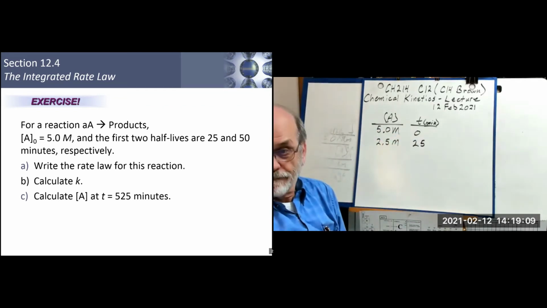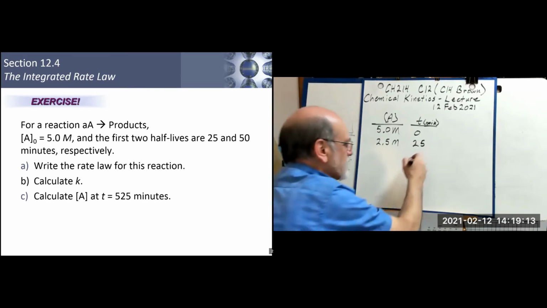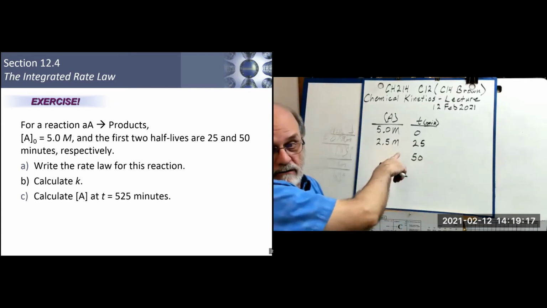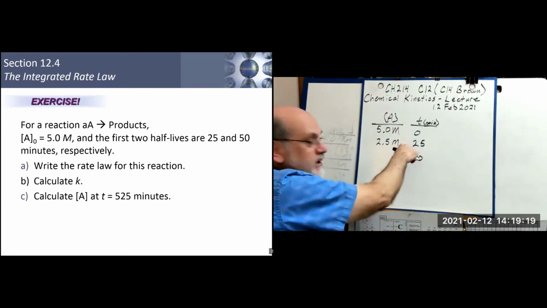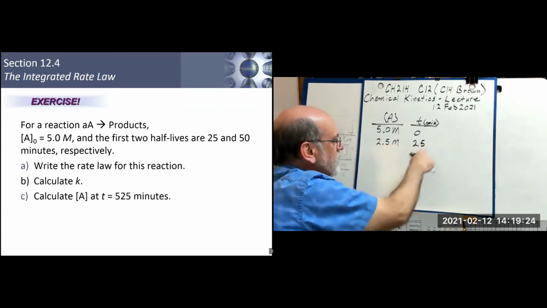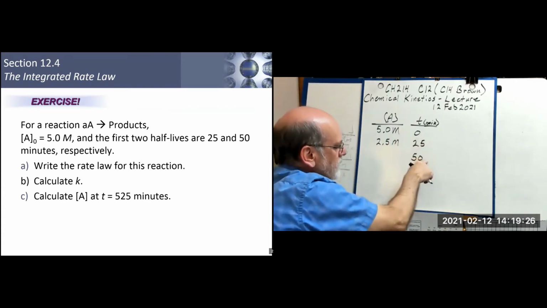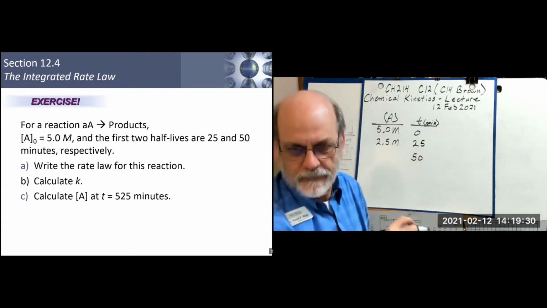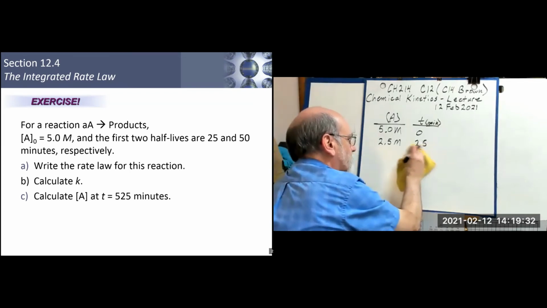Okay? The second half-life is 50 minutes. So after 50 minutes, this much is half gone, right? Now we're starting at a new A0. So for this half-life, it starts from here. From this half-life, it starts from there. So after 50 minutes, oh, excuse me, that's wrong.